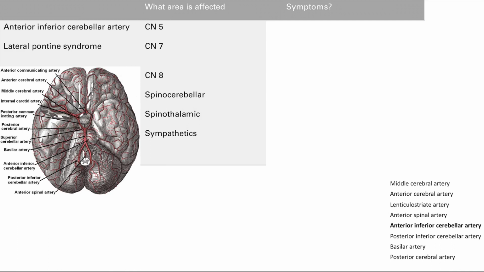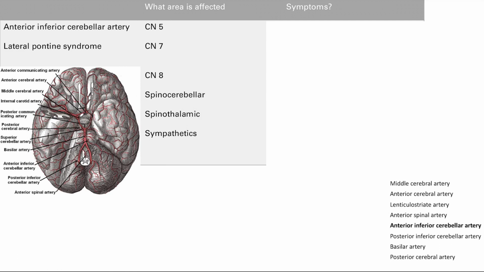Okay? We know all these areas that are affected, so now we can deduce all the deficits that are going to occur. Okay? Cranial nerve 5, what was that responsible for? Remember, it was pain and temperature sensation in the ipsilateral face. Okay, so that's going to decrease. Cranial nerve 7, what does that do? You have to know all the functions.